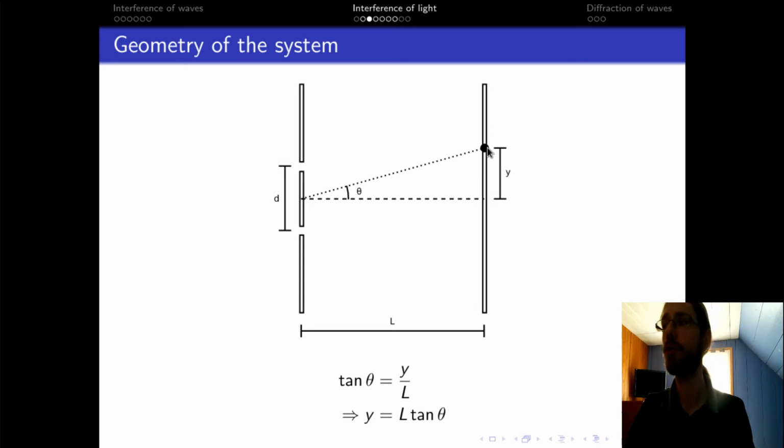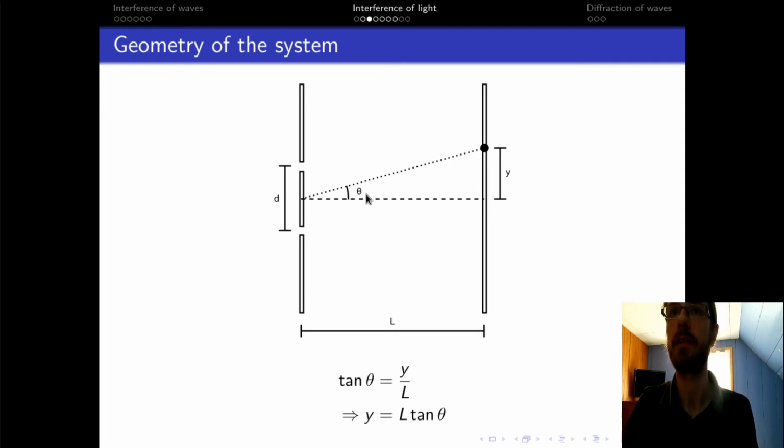If we want to look at some point on the screen, doesn't matter if it is bright or dark, just a general point here, represented by a black spot, we'll define a distance that it is from the center of the screen called y. And also, we will define, starting at the position of the slits and starting at the center, a dotted line that goes from this position up to where the point is on the screen.